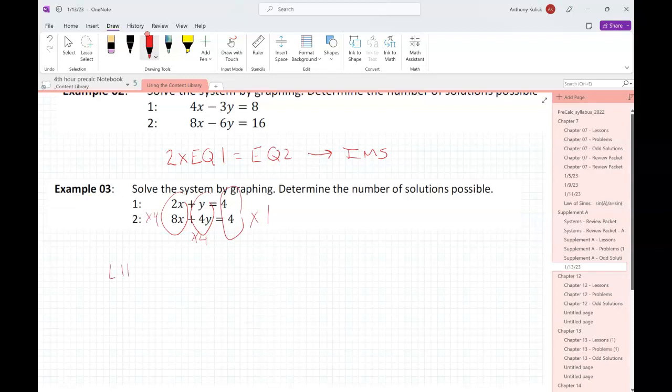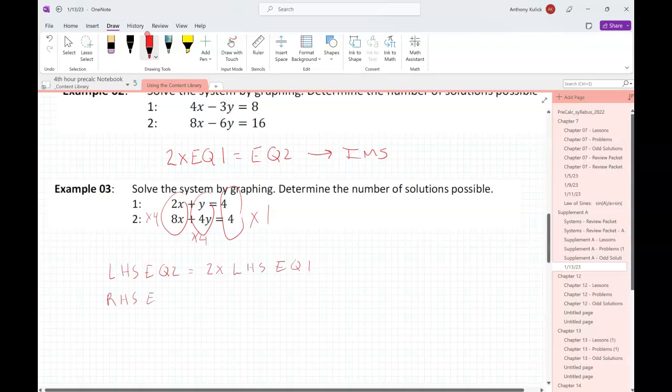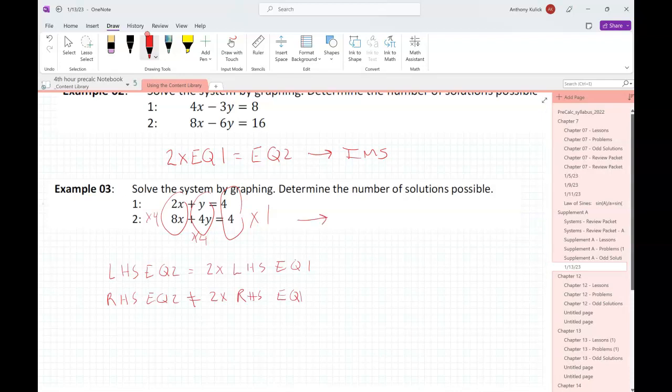So the left-hand side of equation 2 is equal to 2 times the left-hand side of equation 1, but the right-hand side of equation 2 does not equal 2 times the right-hand side of equation 1. So this tells me there's no solution.